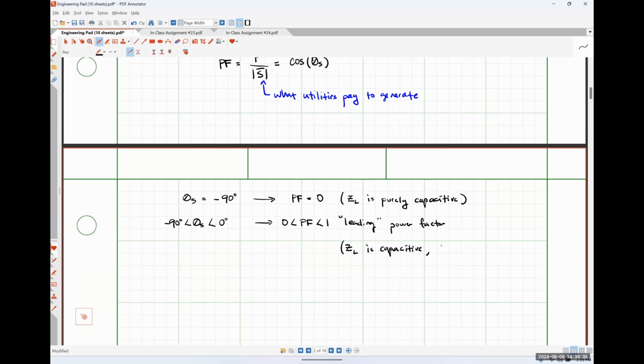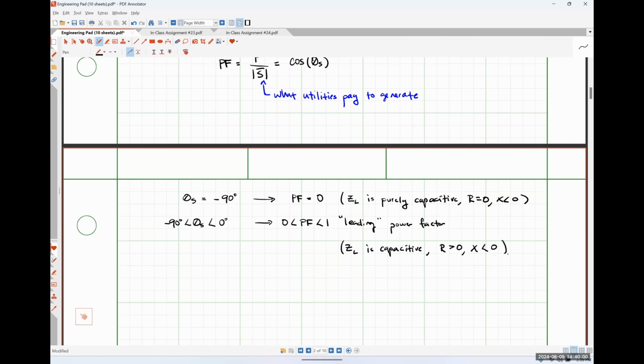This situation occurs specifically when ZL is capacitive, but not purely capacitive. So that means that R is greater than 0, and X, our reactance, is negative or less than 0. Let me actually adjust this up here and say R is exactly 0 and X is negative.